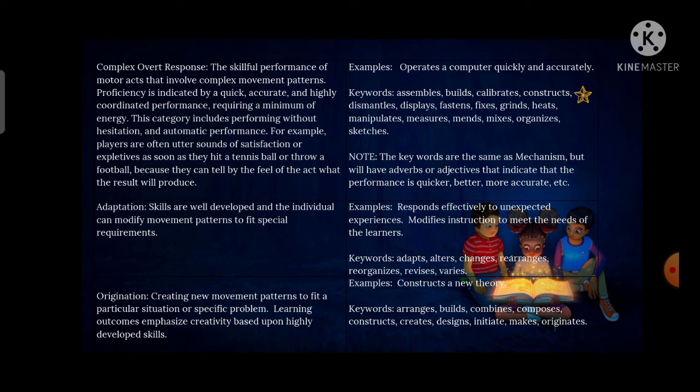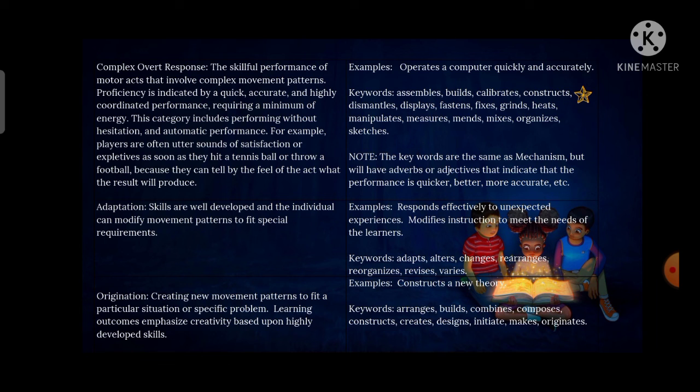The examples here are when you respond effectively to an unexpected experience, you are adapting because you can respond unexpectedly. Also, it modifies instruction to meet the needs of the learners. And the keywords used here are adapts, alters, changes, rearrange, reorganize, revise, and varies.